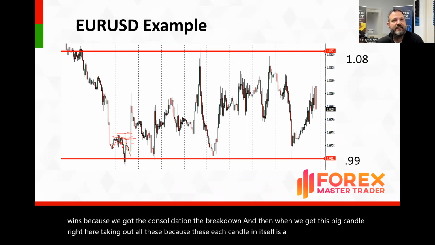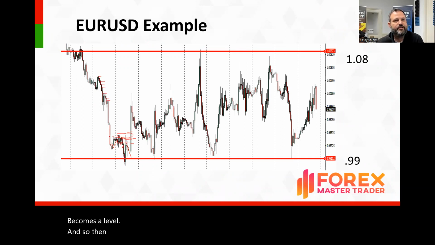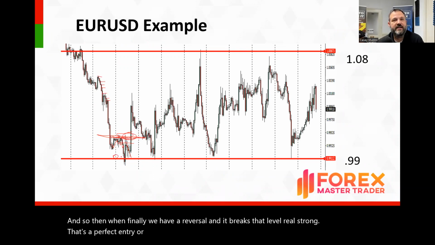So each one of these candles has a level. The candle high, every time it makes a new high, that becomes a level, right? And so when finally we have a reversal and it breaks that level real strong, that's a perfect entry. Or you could put your entries down here too. Two different ways to trade that based off of your risk tolerance.